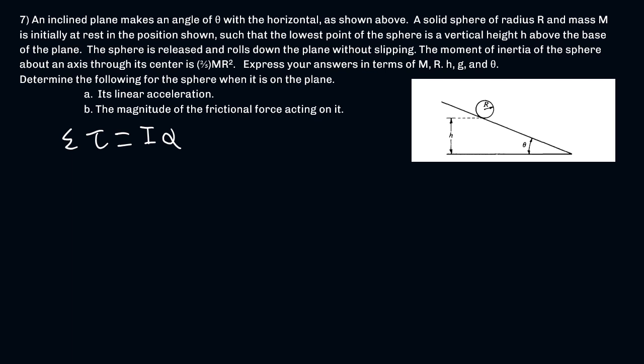So we have the force of friction times the distance from the axis of rotation. Again, sine theta is not going to matter because that force is perpendicular to our sphere. So we don't have to deal with that there because sine of 90 is 1. That is equal to the moment of inertia, which we have here given to us. That is 2/5 times big M r squared.